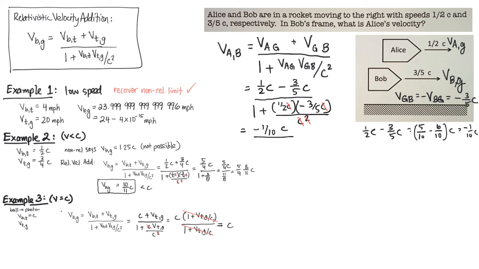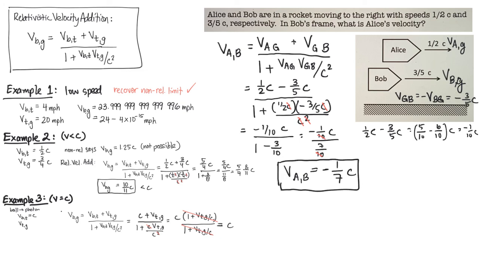In the denominator, we have 1 minus 3/10. Okay? So we have minus 1/10 c in the numerator, divided by 7/10 in the denominator. The 1/10 cancels, and we are left with VAB given as minus 1/7 c.